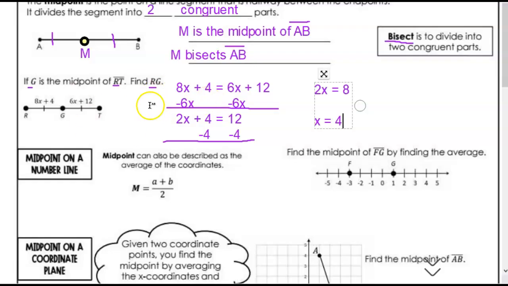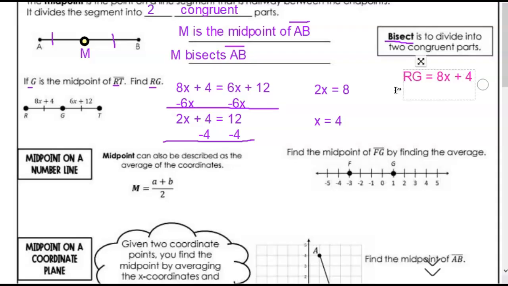Okay, but did it ask you to find x? RG. So RG is over here. So RG equals, let's have a 4. What does RG equal? 8x plus 4, right?